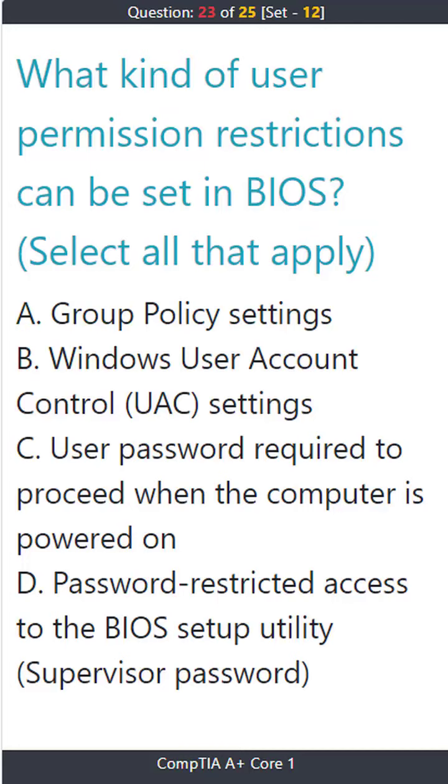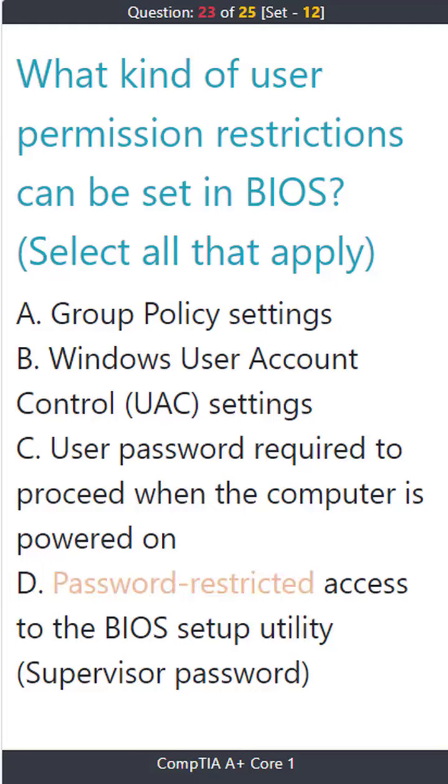Question 23. What kind of user permission restrictions can be set in BIOS? Select all that apply. A. Group policy settings. B. Windows User Account Control, UAC, settings. C. User password required to proceed when the computer is powered on.